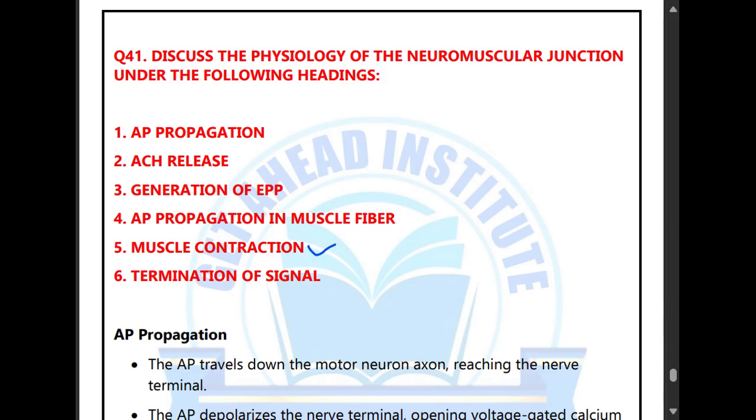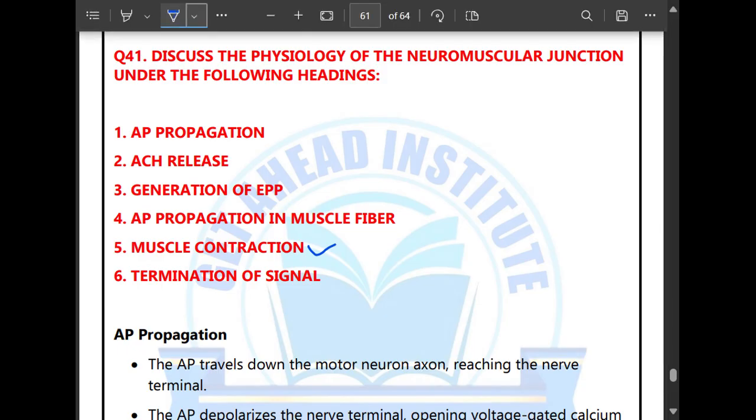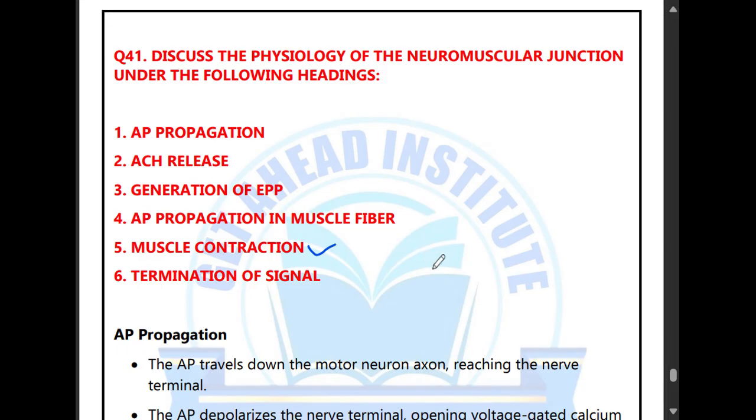All right, cool. So when we are talking about the neuromuscular junction, this is actually just a specialized synapse where we have a motor neuron communicating with a muscle fiber. When they communicate, it will bring about muscle contraction.